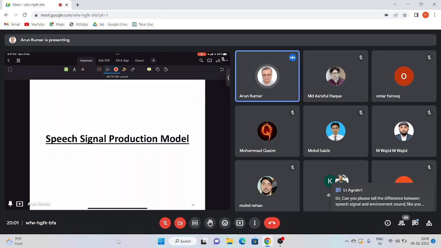The next question is, can speech signals be used in robotics for robot communication? Yes, indeed, speech is a natural way of communicating for a robot. There are examples of robots which can understand speech and take action as per the command.